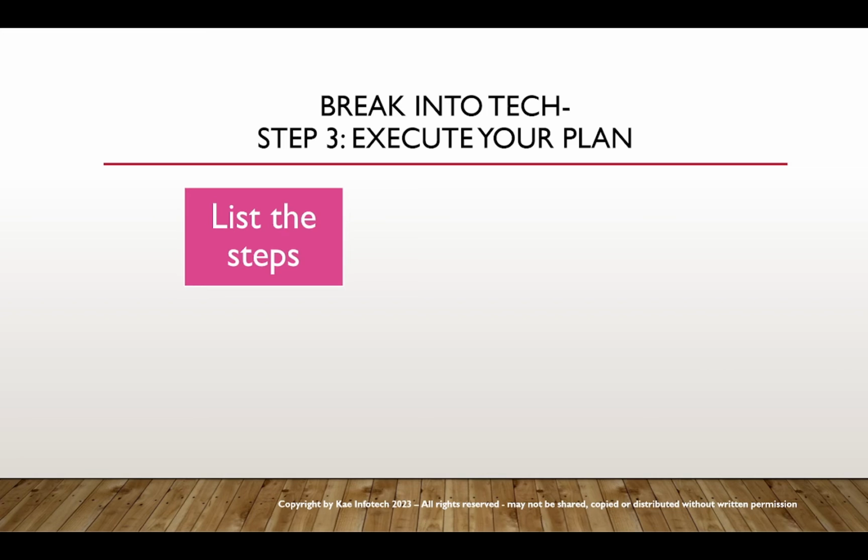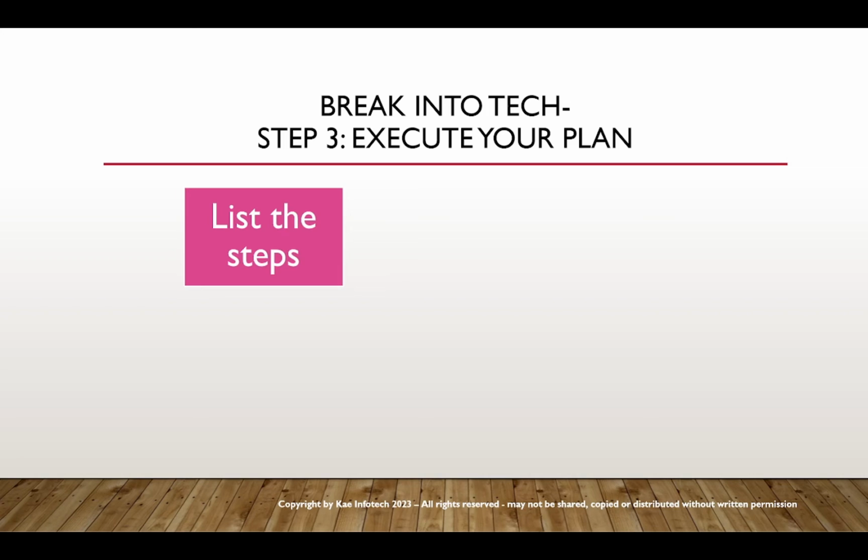Once you know what you're interested in, find the training program that you're going to take. That first step is to take that training program. The next step is to pursue that industry certificate. The third step is to create the portfolio.